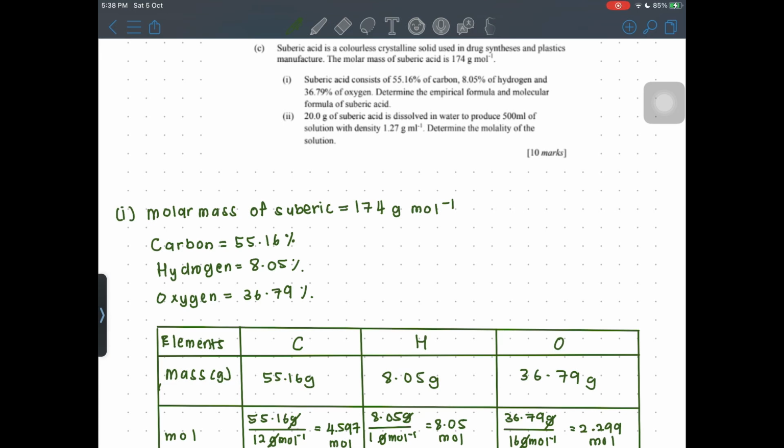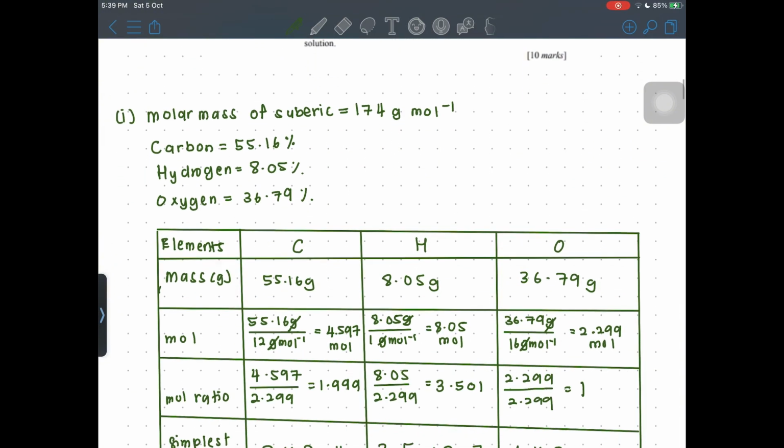Next, we need to create a table that includes the mass for each element, mole, mole ratio, and the simplest mole ratio. So in this case, the elements are carbon, hydrogen, and oxygen, and the mass for carbon is 55.16 gram, mass of hydrogen is 8.05 gram, and the mass of oxygen is 36.79 gram.